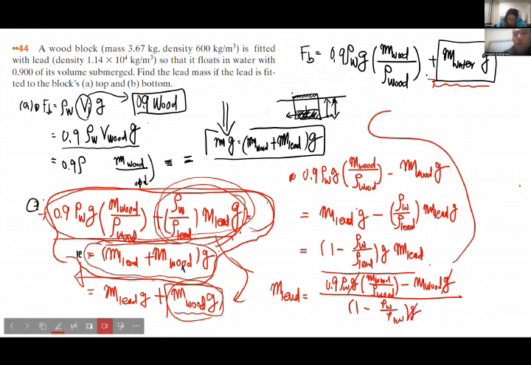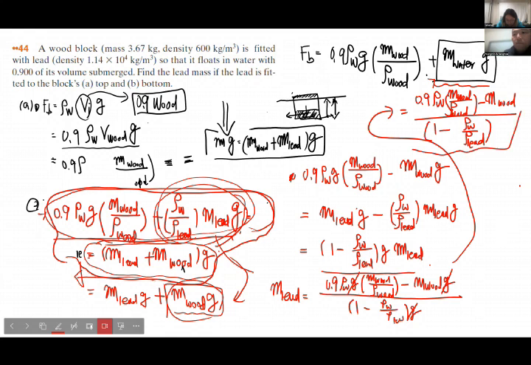So that should be the same as 0.9 rho_W M_wood over rho_wood minus M_wood over 1 minus rho_W over rho_lead.